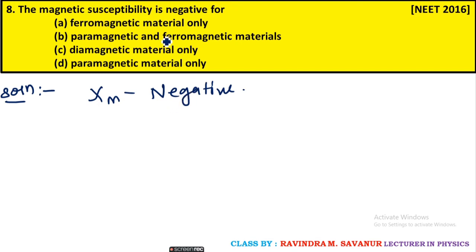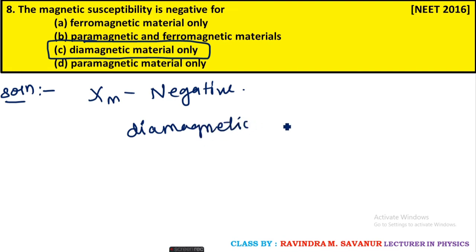The negative magnetic susceptibility property is for diamagnetic material only. So move on to the next question.